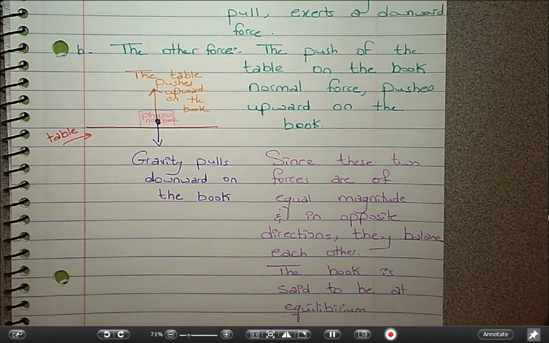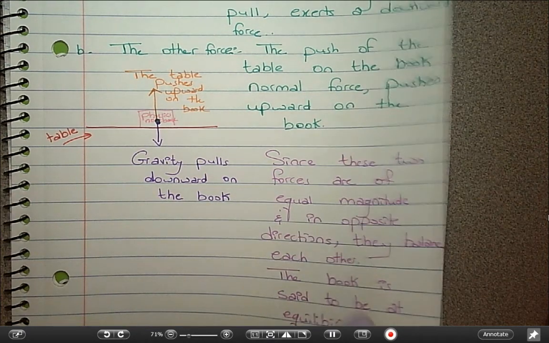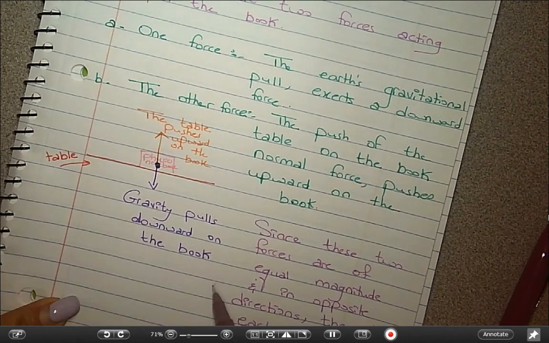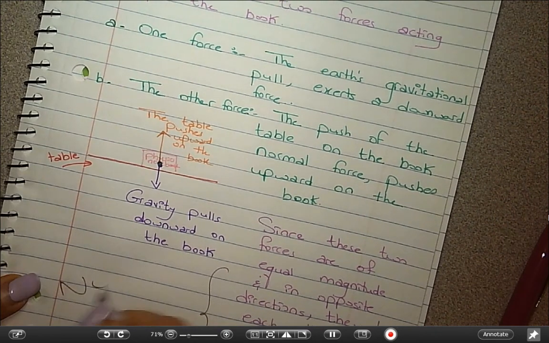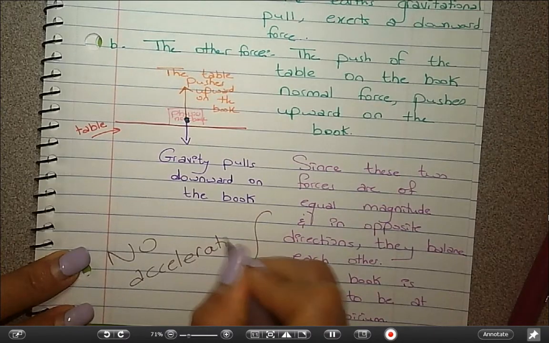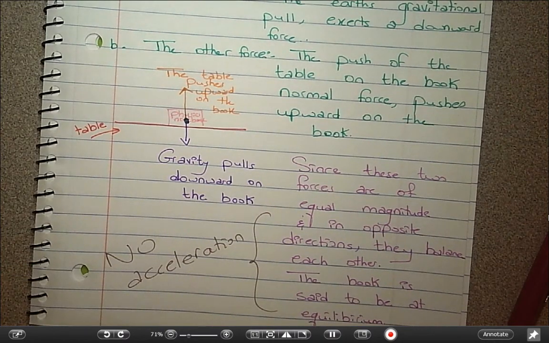All right. So there is no unbalanced force acting upon the book. So let me write this. In other words, it will not accelerate. That means no acceleration.